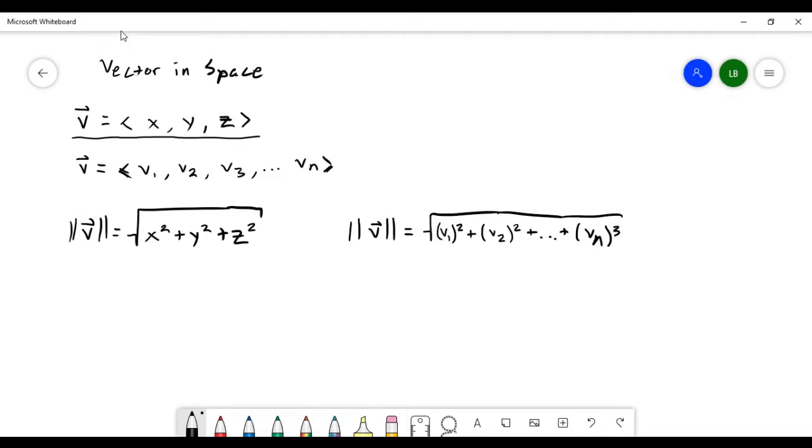So you square every term, add it up, and then take the square root of that. That's how you find the magnitude of a vector in space. Similarly, you can add and subtract vectors the same way you can on the plane. You can multiply by scalars just like we saw on the plane, and all the other properties just follow along, same as in the plane. So it's really not that complicated.